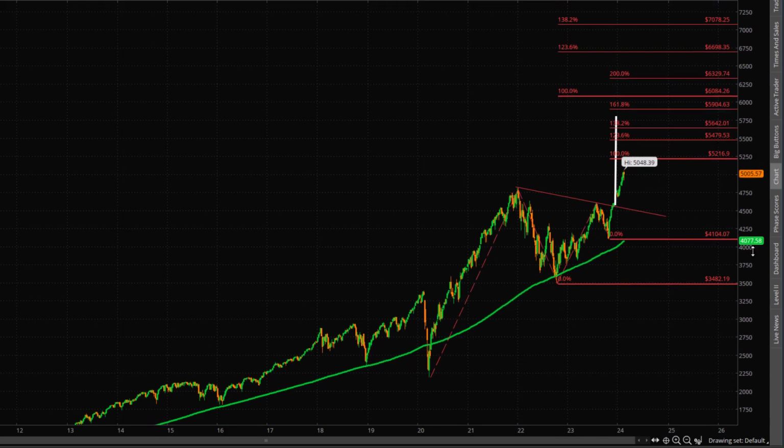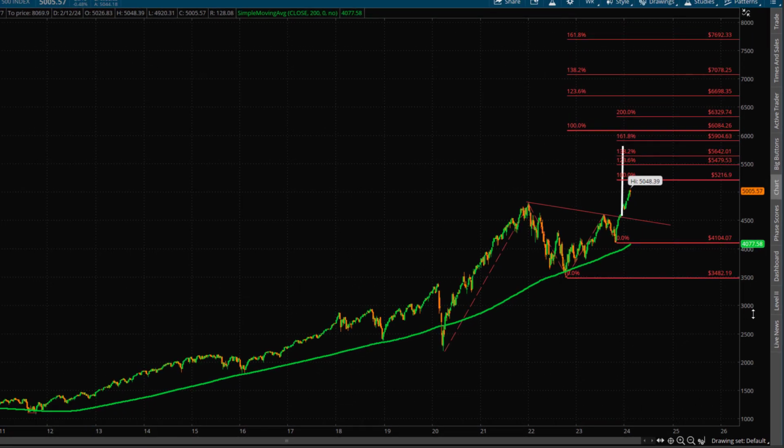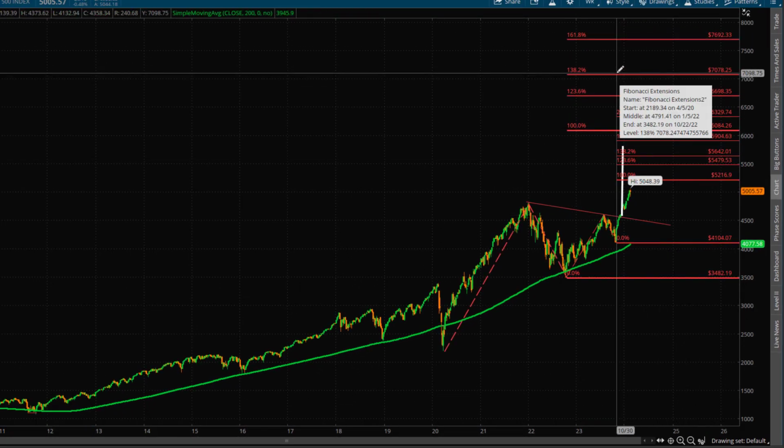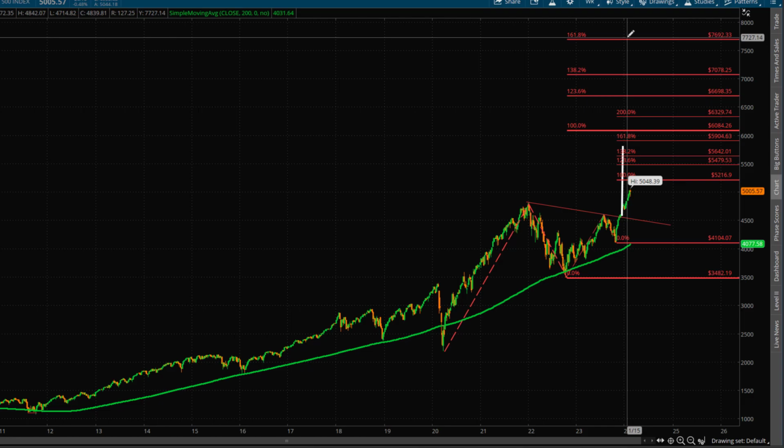These targets are up here, somewhere like the 7,000 to 7,600 level on the S&P. Again, I am not here to debate that. All I'm showing you is a technique that's part of charting. It is not my opinion as to whether or not we can get up there.